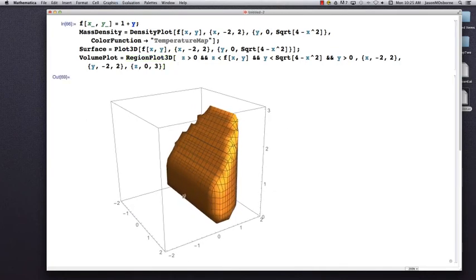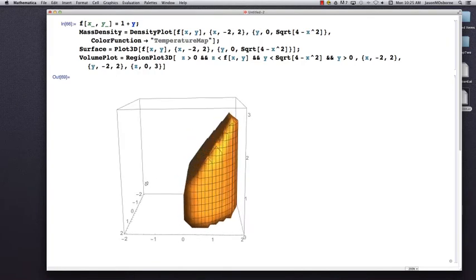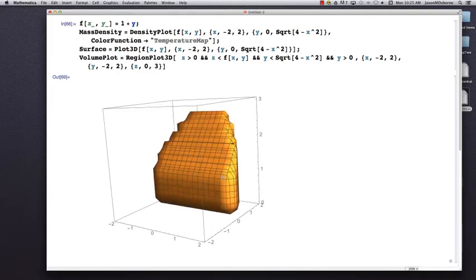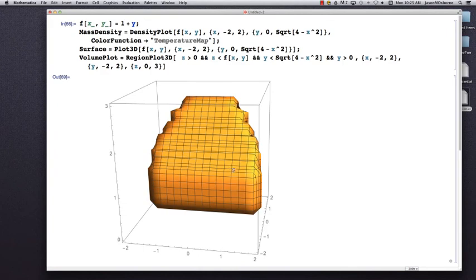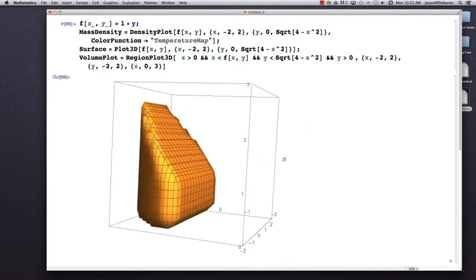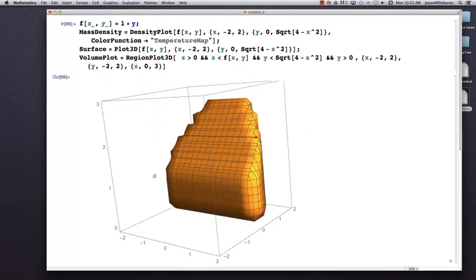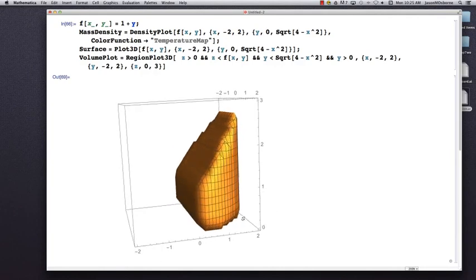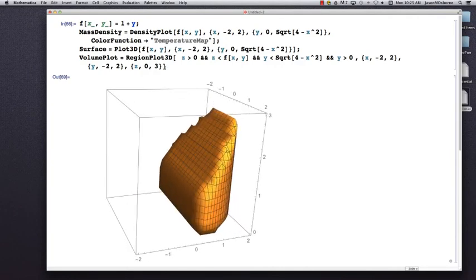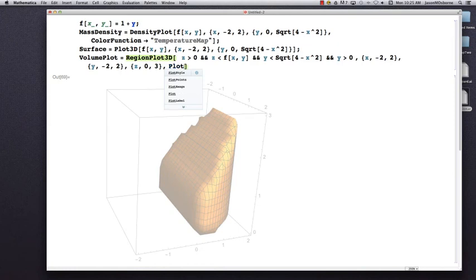And here's a plot of your 3D region, but it looks rough around the edges, and that's because this is a very difficult computation, and the computer doesn't want to do too much work unless you ask it to. So let's ask it to do a little bit more work.